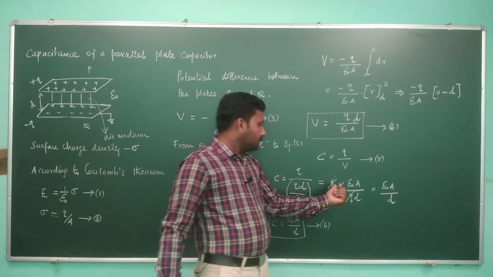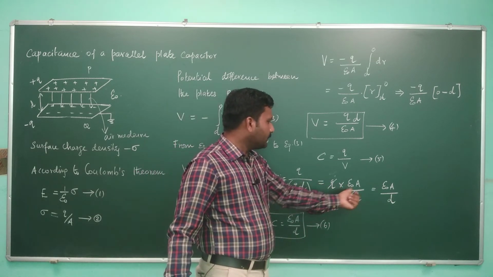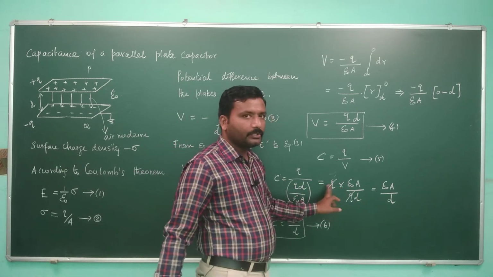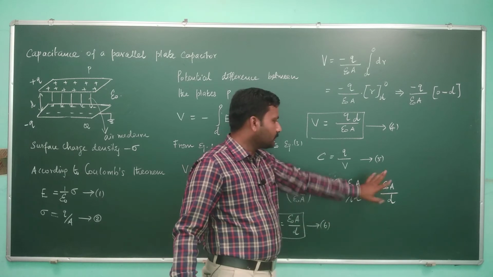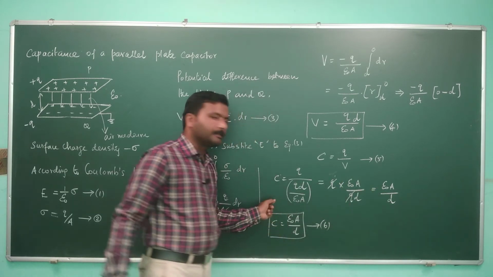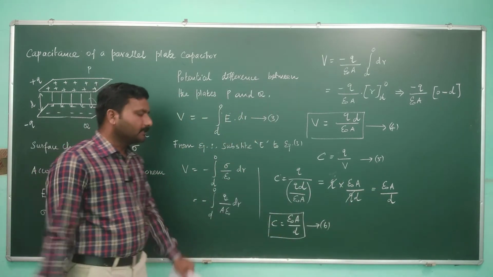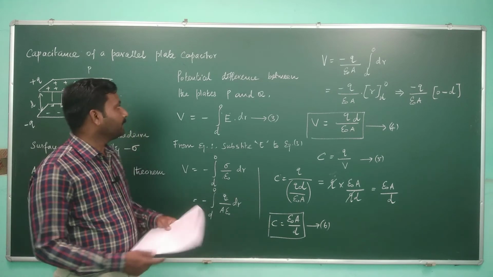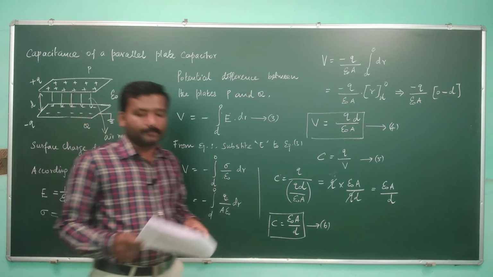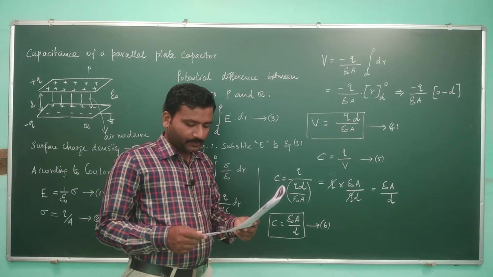If you rewrite this, it will give you Q multiplied by epsilon naught A by Qd. Q and Q will cancel out, so that we have epsilon naught A by d. This is the equation for capacitance when the medium between these two plates is air.